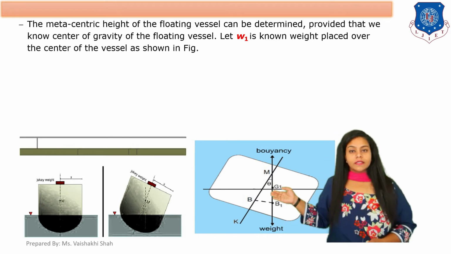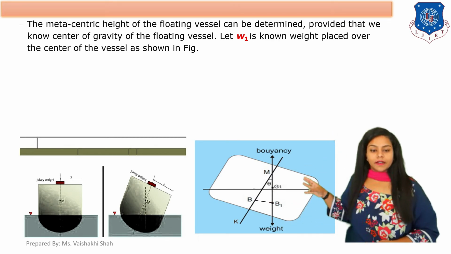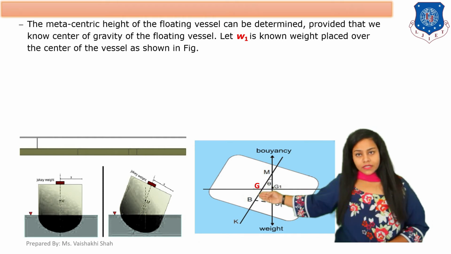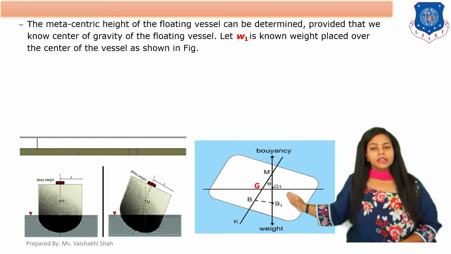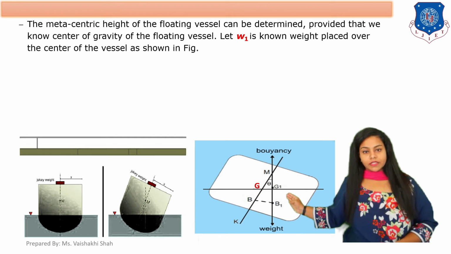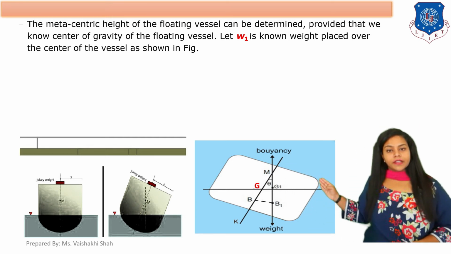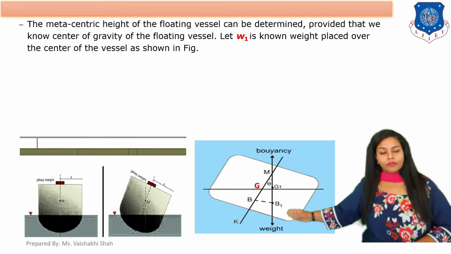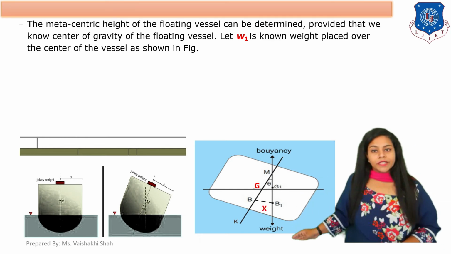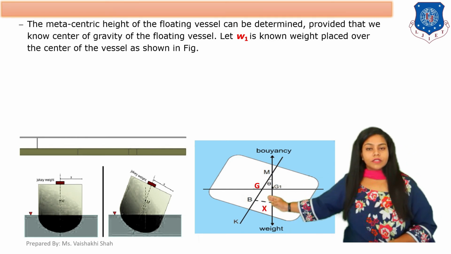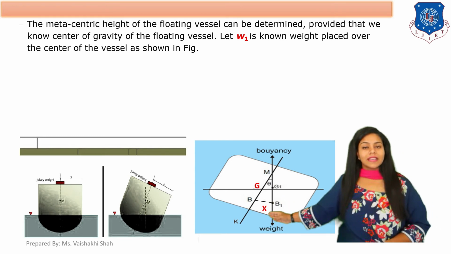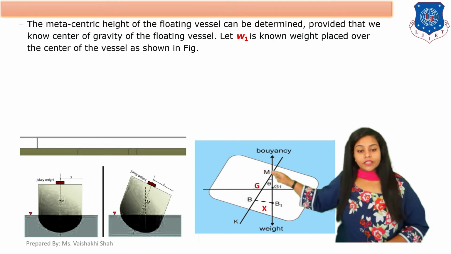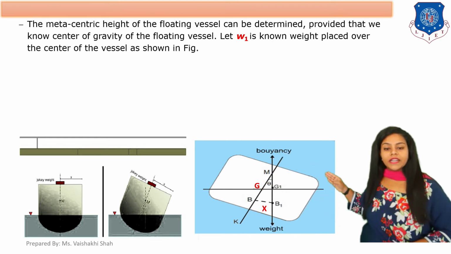Now this is your enlarged diagram where G was your old center of gravity and G1 is the new center of gravity. Now the weight W1 is shifted here. The distance between your original normal axis and the weight is x.